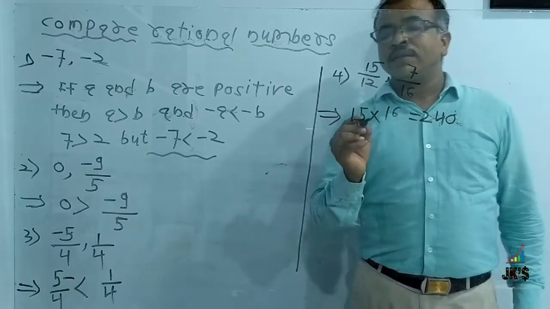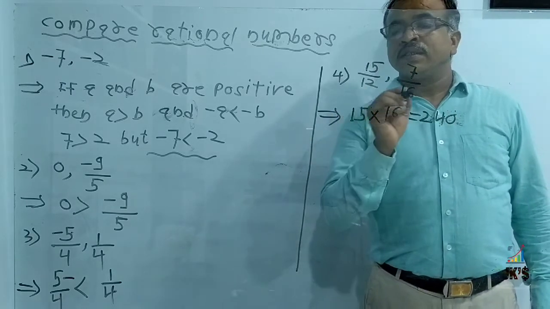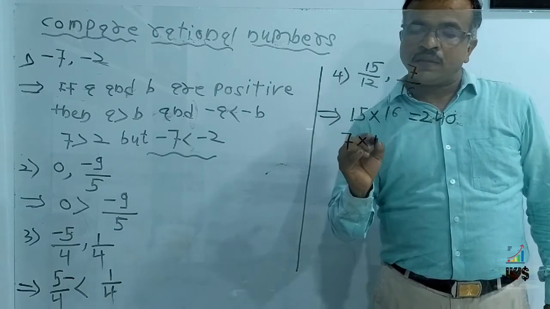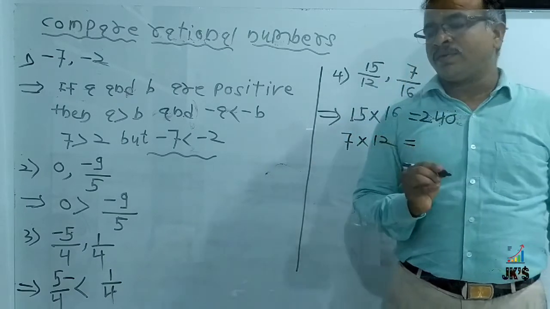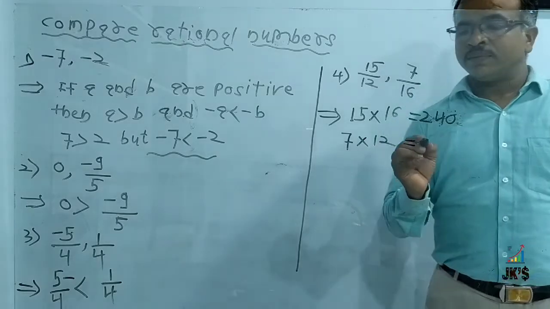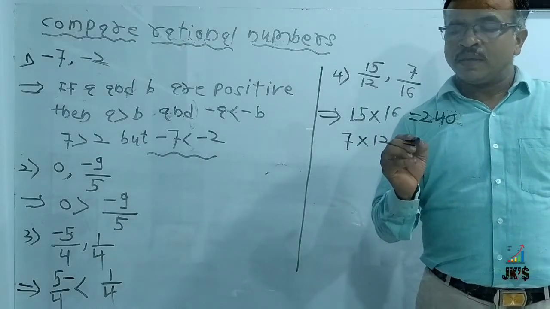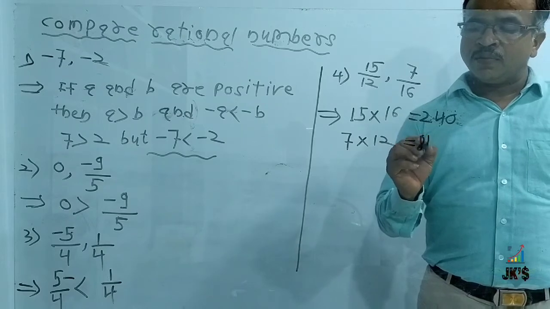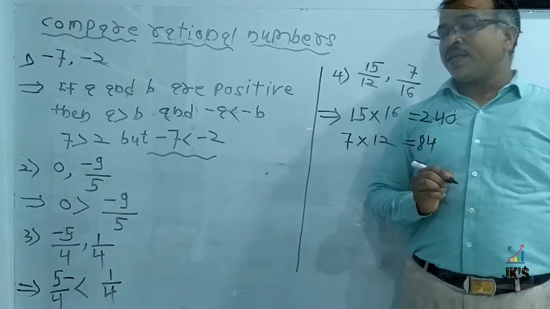And the second product is 7 into 12, which is 84.